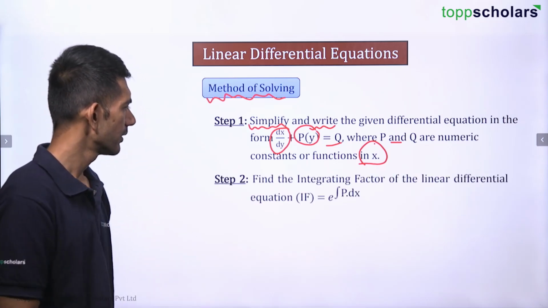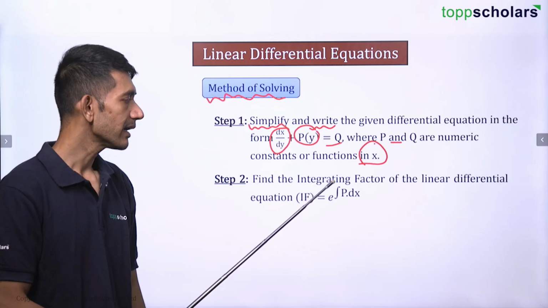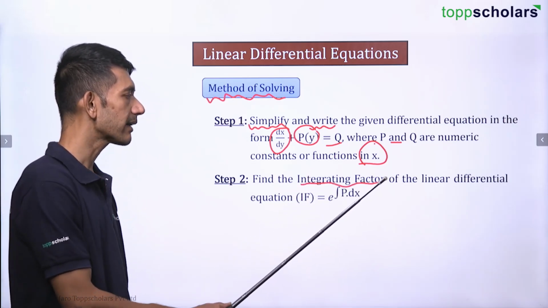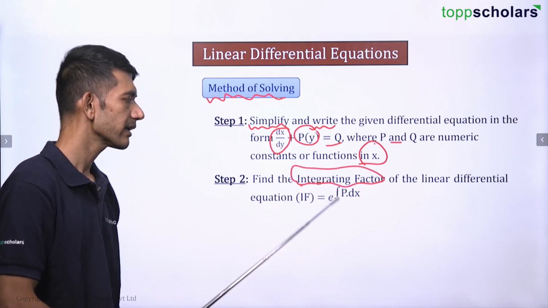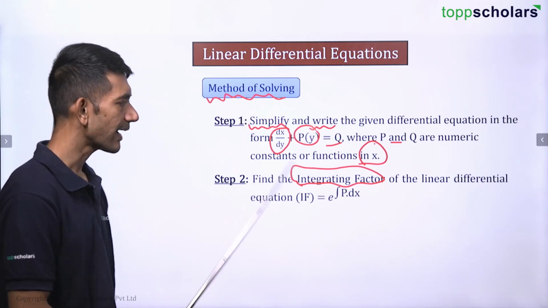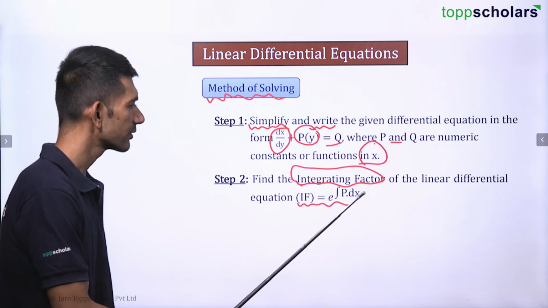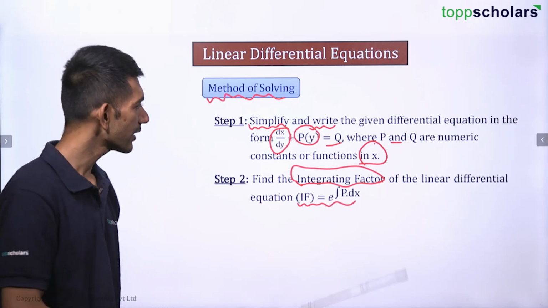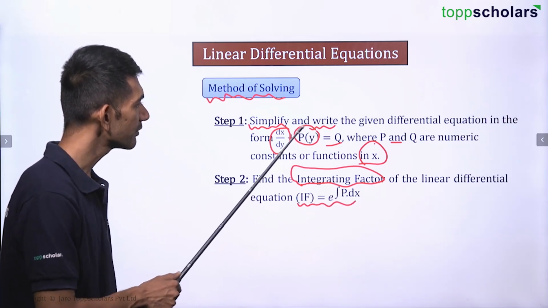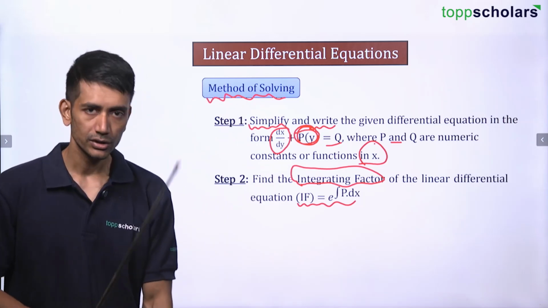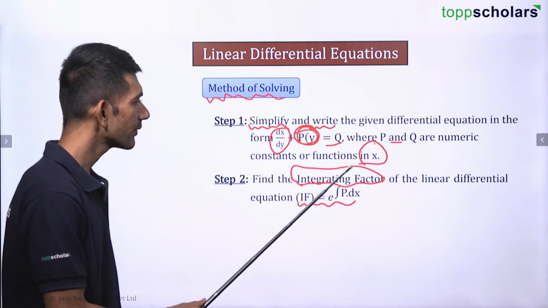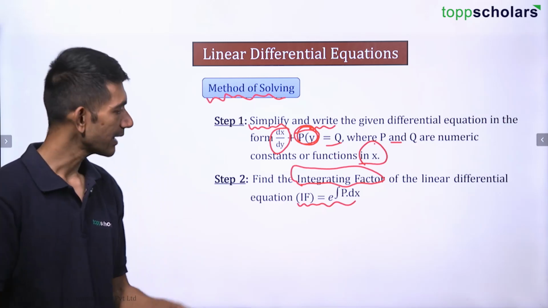Okay. Step 2 is we'll find out the integrating factor. Now how do we find out the integrating factor? The integrating factor of a linear differential equation is found like this: e raised to integration of P dx. See, this P can be a constant, P can be a function in x also, it can be x square.